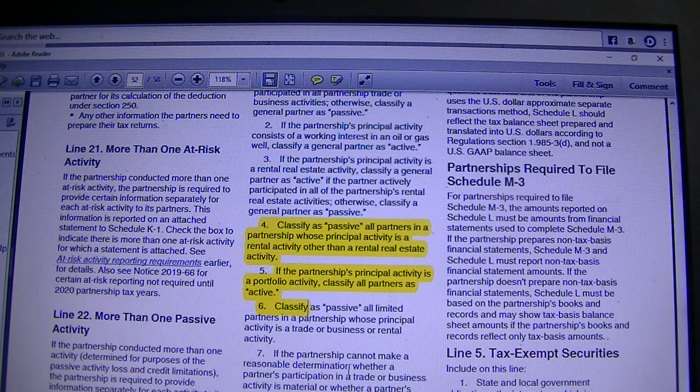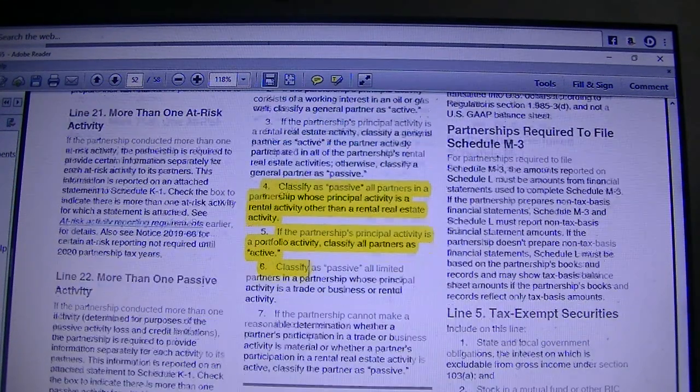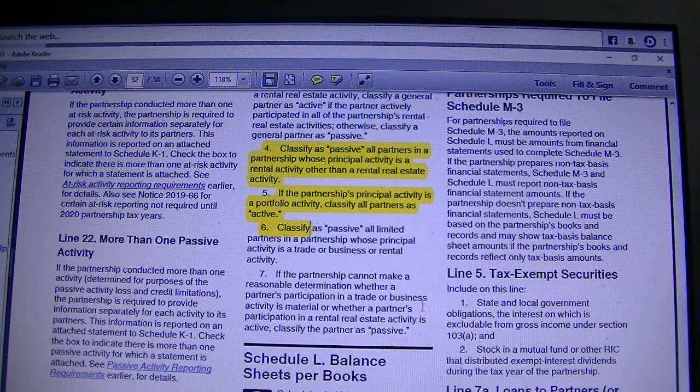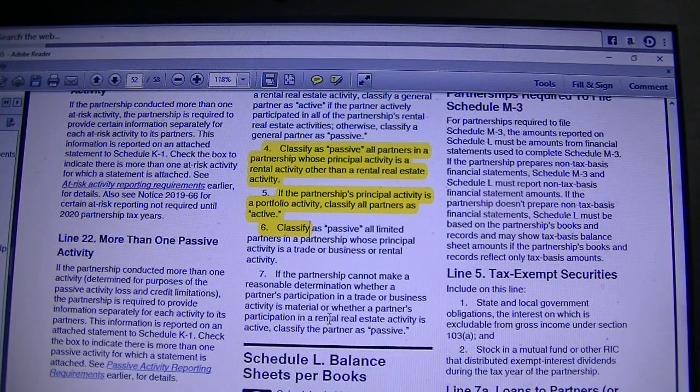If the partnership cannot make a reasonable determination whether a partner's participation in a trade or business activity is material or whether a partner's participation in a rental real estate activity is active, classify the partner as passive. So that's why you get confused. It gets confusing.